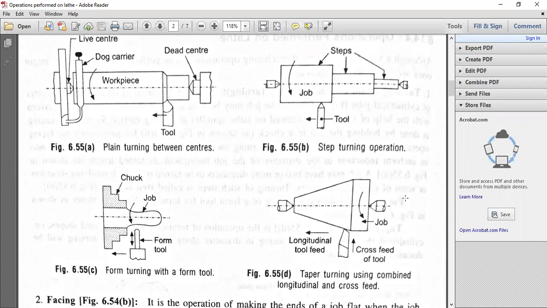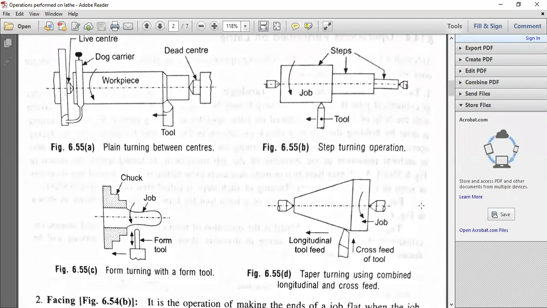Nowadays we use fully automatic lathes, or computer numerical control, with programming using G codes and miscellaneous codes. So taper turning uses the combination of longitudinal and cross feed. Sometimes the cross feed is also known as the transverse feed.